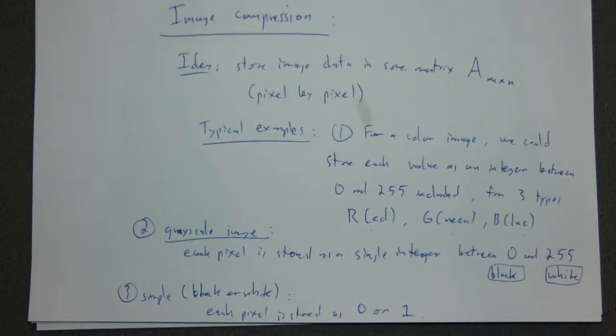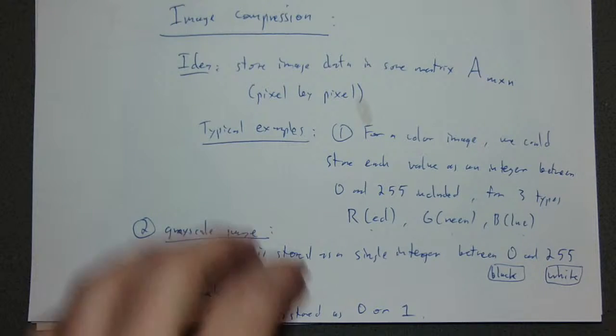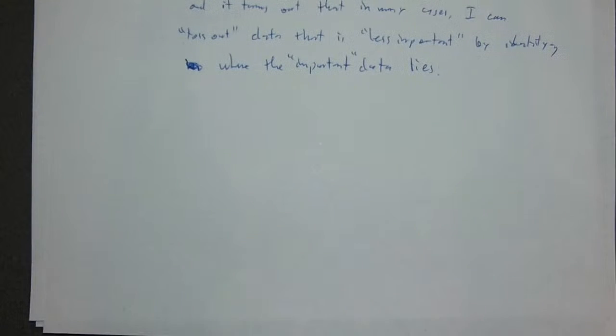Now, the idea, as I mentioned last time, is the SVD allows me to look at this image. If I take the SVD of the image matrix, I get a bunch of singular values.